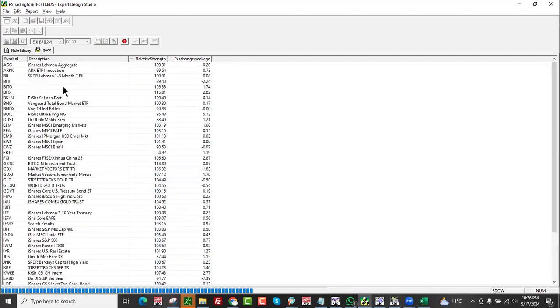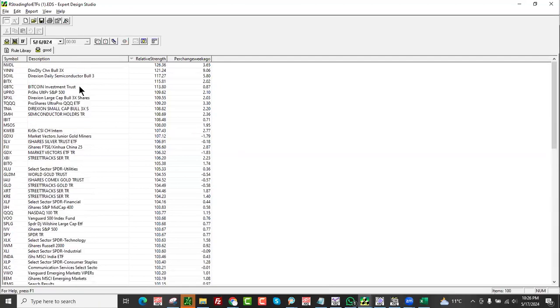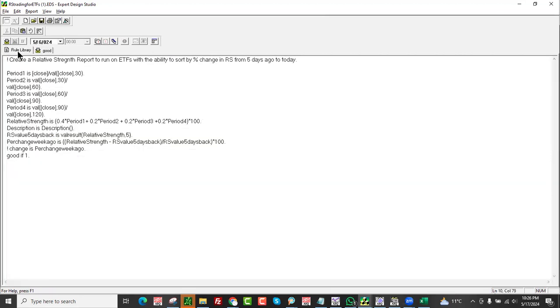Notice some of these I don't have a description in because I only just added those in when I imported that database. But you can see here how quickly that can operate and how quickly we can get the information here. And remember, this is a different look than what you get within the reports themselves. When I click this tab here for the rule library, it shows me how this relative strength is created.